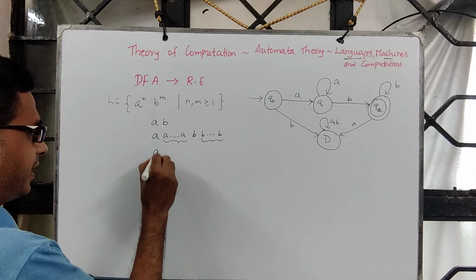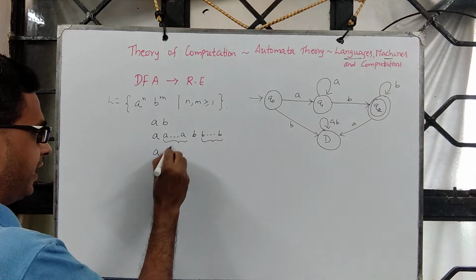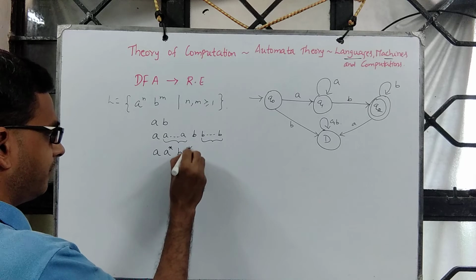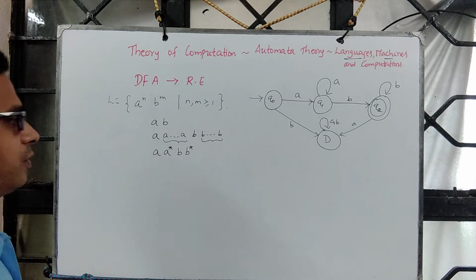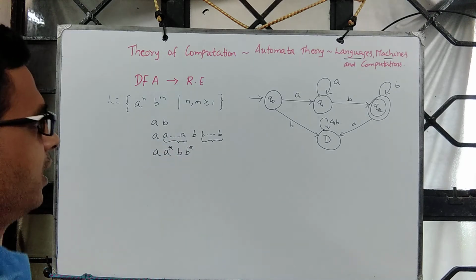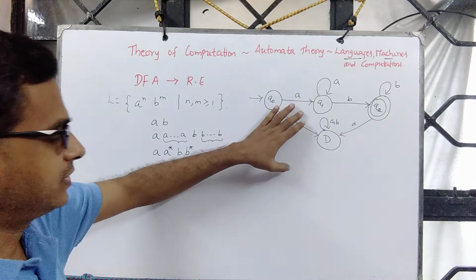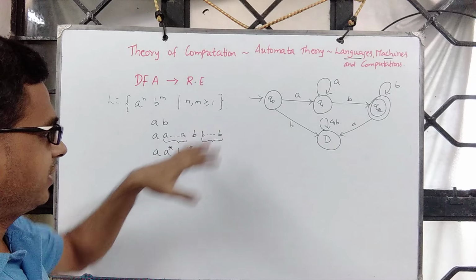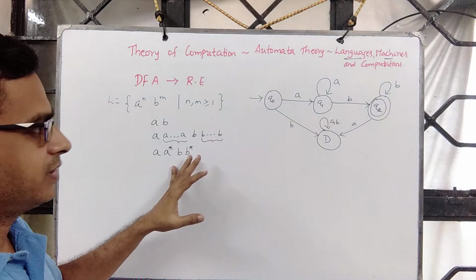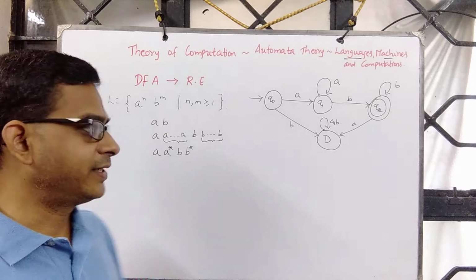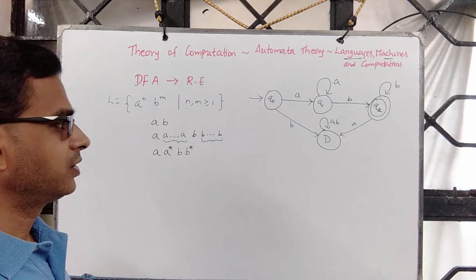So now we see that A star will give you 0 or more A's, B followed by B star will give us 0 or more B's. Now for this example, just by looking at this, one can extract the language as well as the regular expression, but it may not be that easy for all deterministic finite automatons.